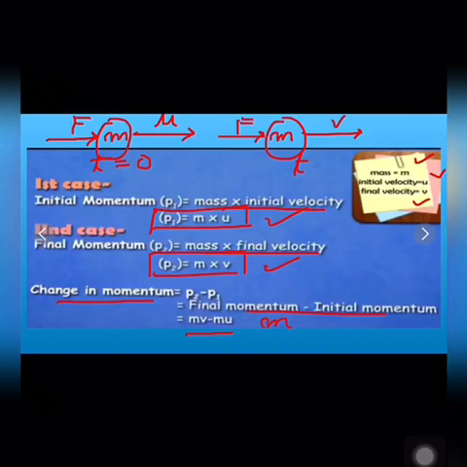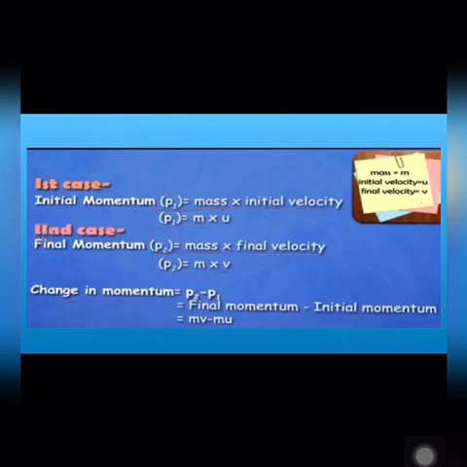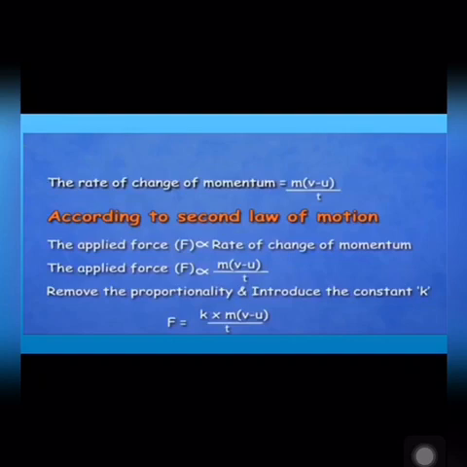From these equations we can take m as common, and we are left with m(v − u). Now the rate of change of momentum can be written like this. Change of momentum is m(v − u), and rate means with respect to time. So this rate of change of momentum can be written as m(v − u)/t.